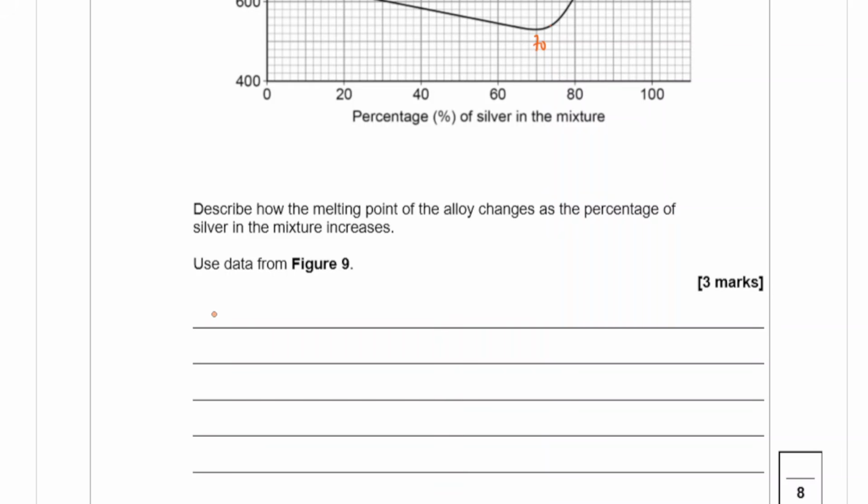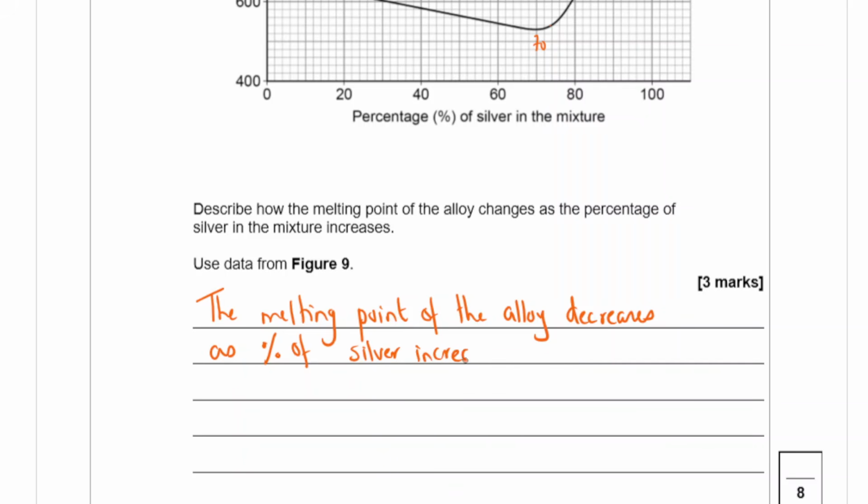So the melting point of the alloy decreases as percentage of silver increases up to 70%.